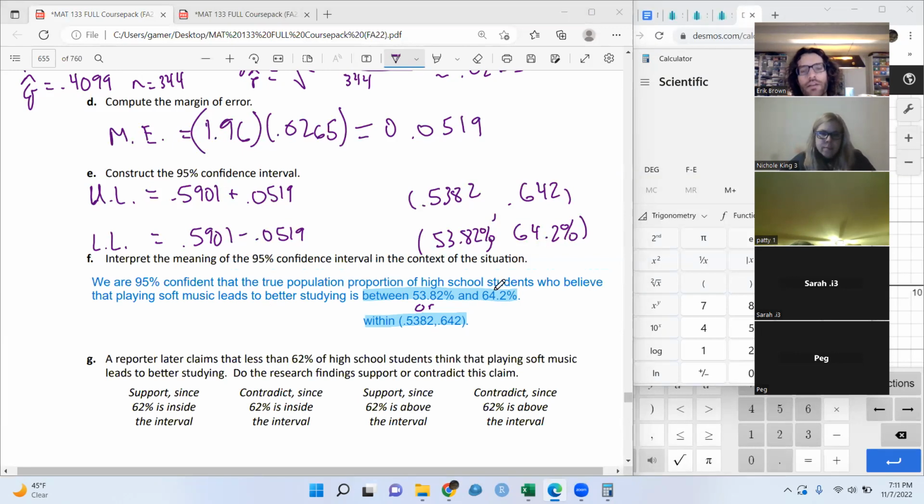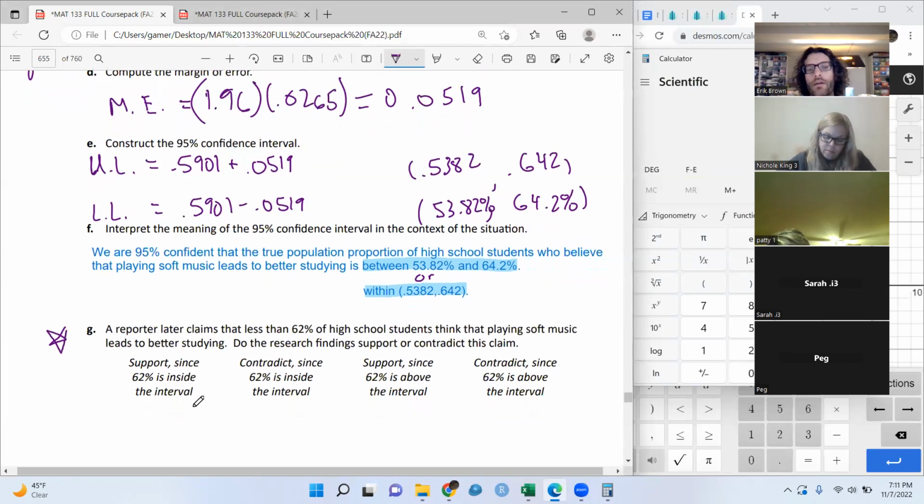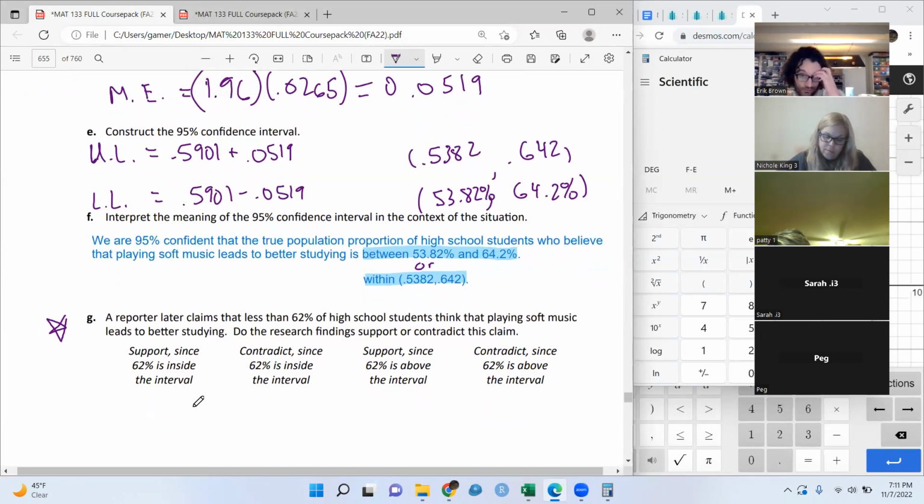Okay. Now, so then we'll toss the little more difficult one at you, and you'll decide how you feel. Sometimes this is the most difficult question. So we've got this interval, and this interval is where the true proportion is.